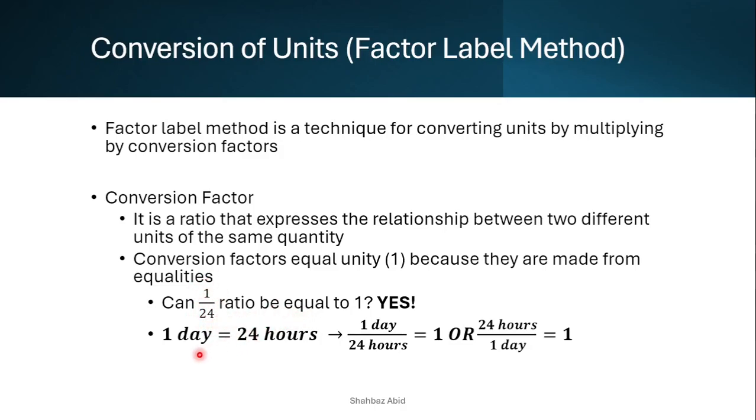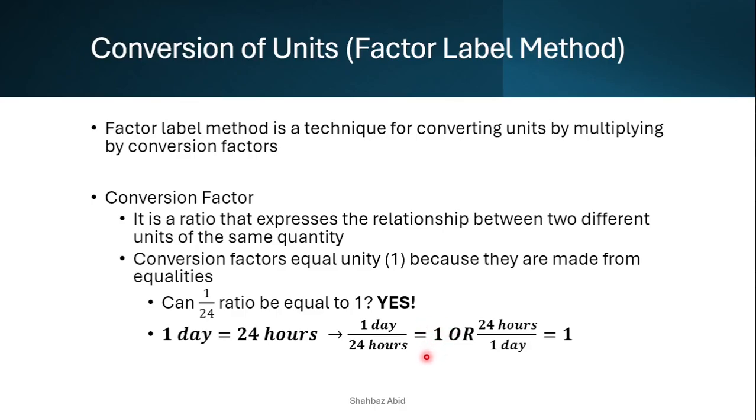But if I say that one day is equal to 24 hours, and I divide both sides by 24 hours, it gives me 1 day over 24 hours, which is equal to 1. So this is a conversion factor which has a ratio equal to 1.